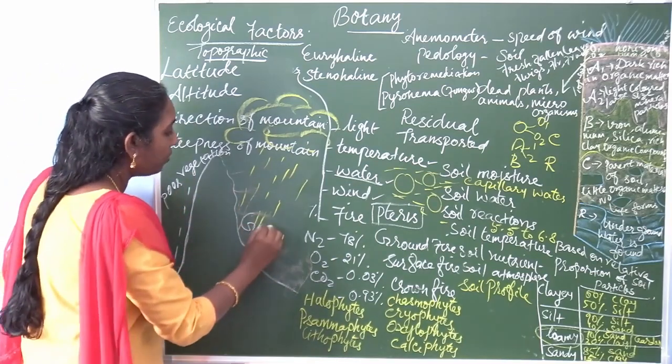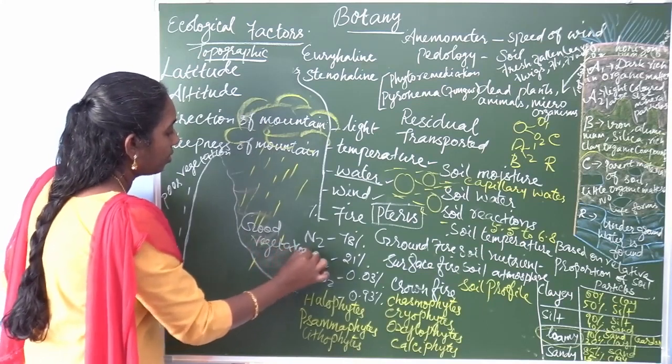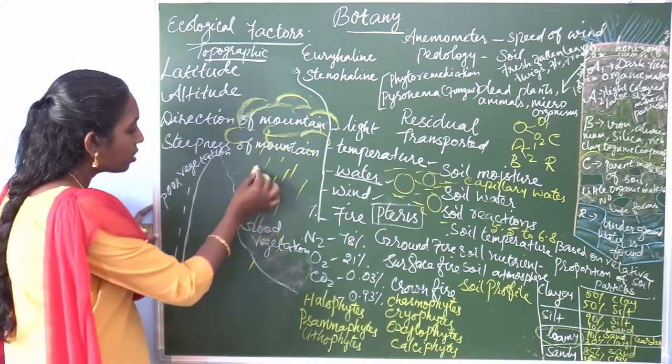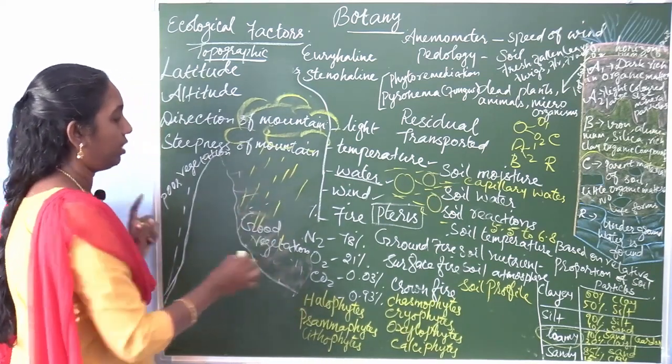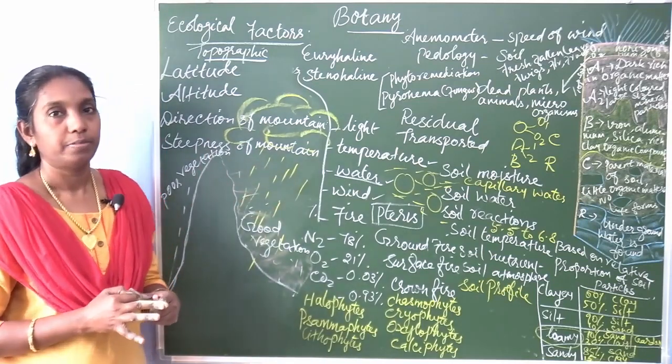Here there is good vegetation, because the retention of water is slower and it allows the formation of vegetation. So this is based on steepness of mountain.